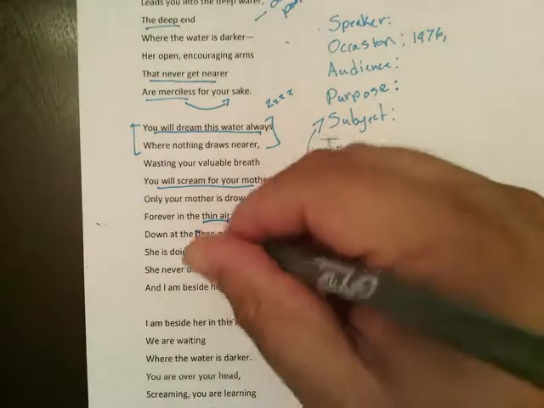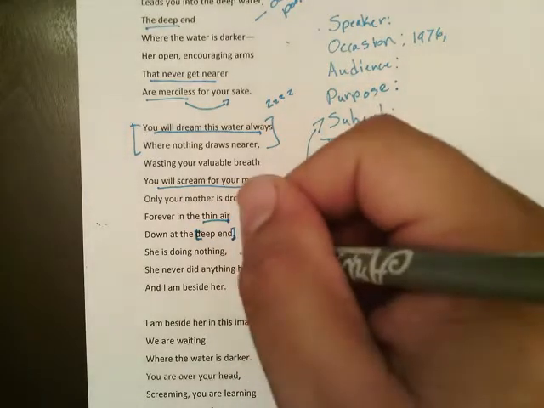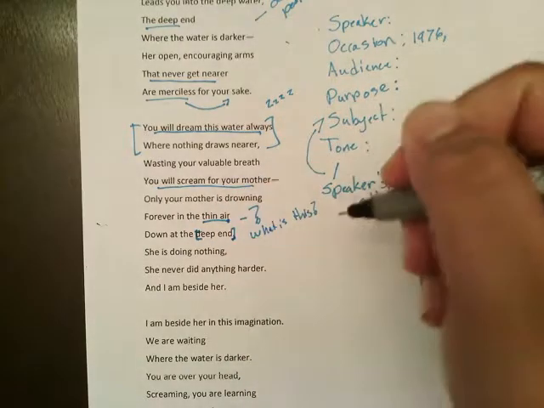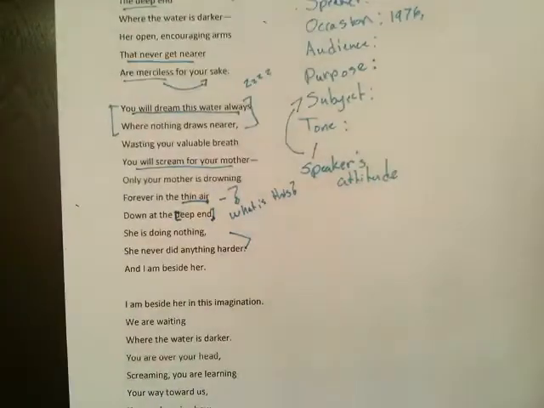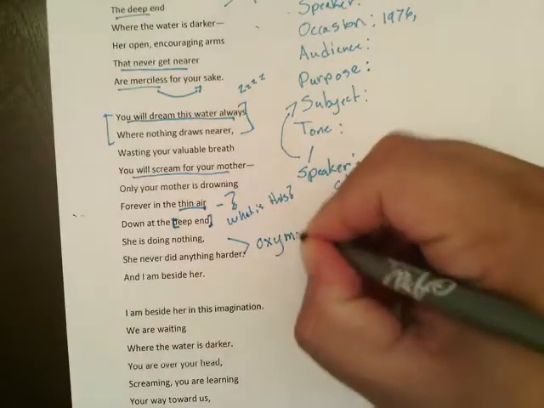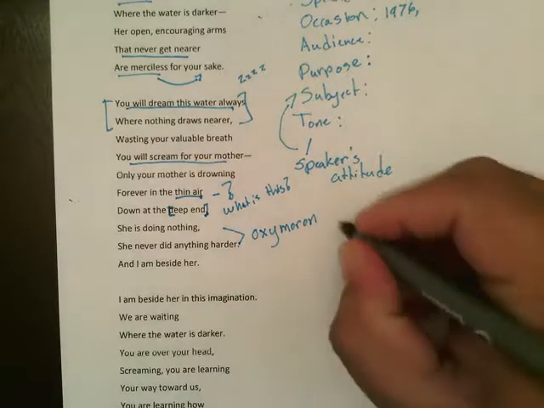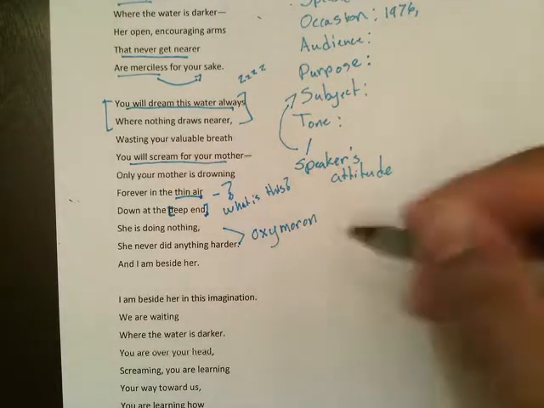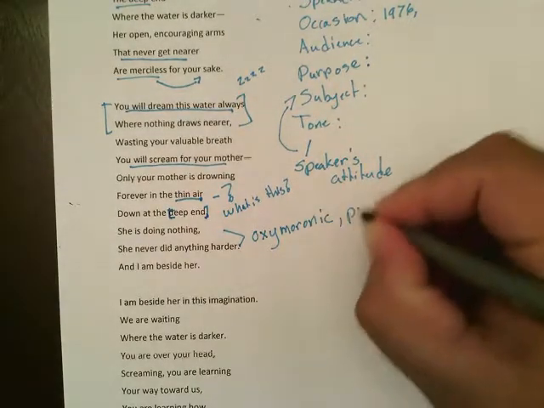Okay, she is doing nothing. So she's drowning, and she's not doing anything. But not doing anything is the hardest thing she's ever done. What does that mean? In English class, in rhetoric, a figure of language, an oxymoron is something, well, this is not an oxymoron, but it's oxymoronic, or paradoxical would probably be a better term.